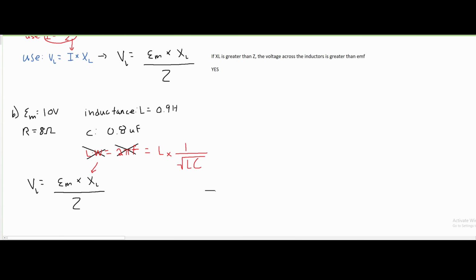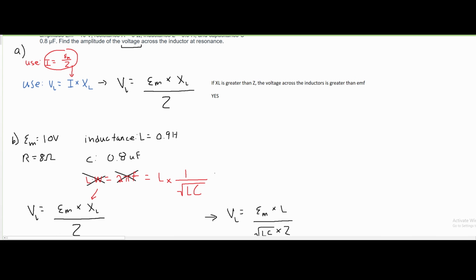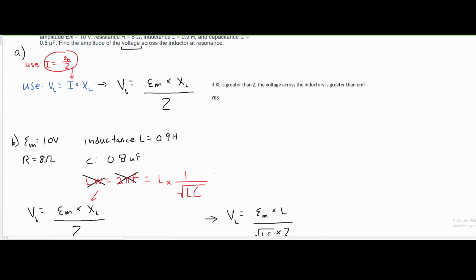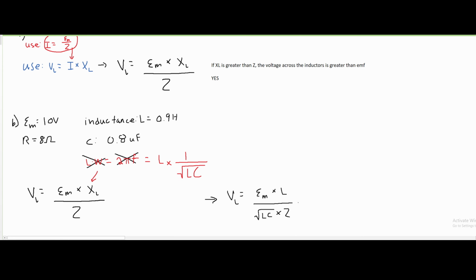If we rewrite our formula, it's going to be V of L is equal to the alternating EMF times L over the square root of LC times Z. And we have all of the rest of our values, so we can just plug these in.